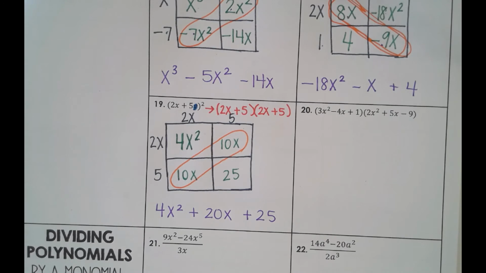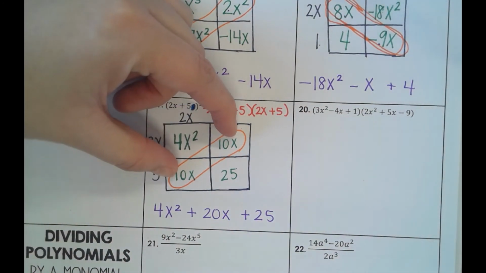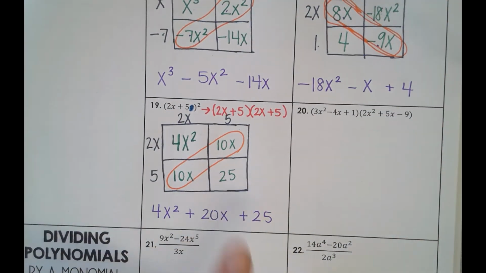So we get 4x squared. These like terms become 20x and then plus 25.